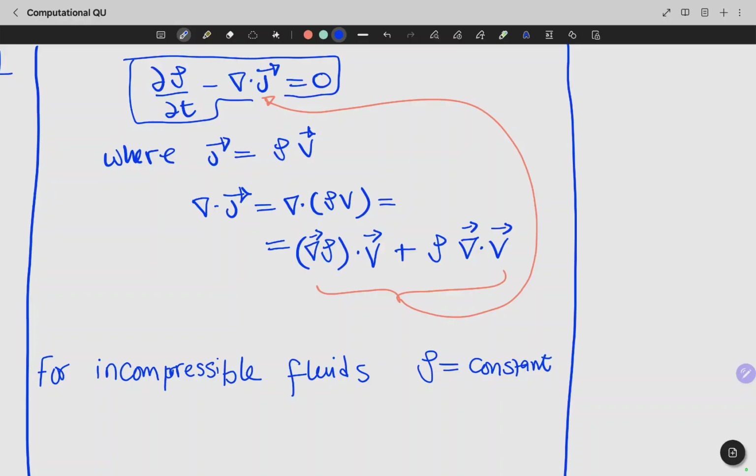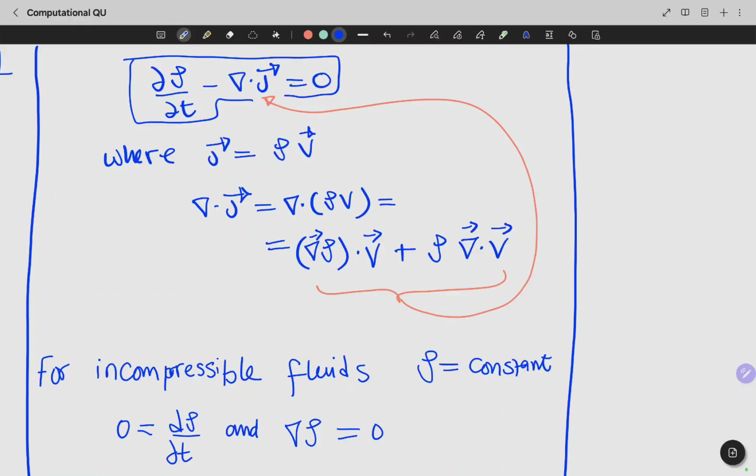Density does not change within the flow, and therefore you can say that the density change per unit time and density change per unit space are not important.